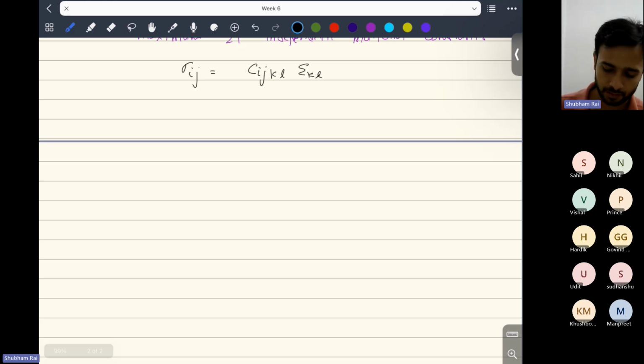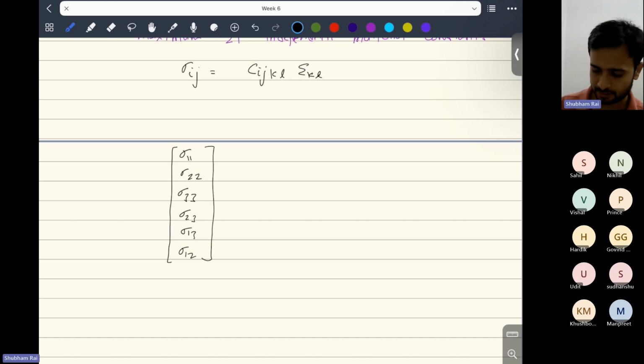If we do that, just writing on the next page, we will have sigma 11, sigma 22, sigma 33, sigma 23, sigma 13, and sigma 12. That is a vector. We have expressed stress as a vector in Voigt notation. And then we have the elastic constitutive matrix here, which is a 6 cross 6 matrix. We also call it the stiffness matrix.